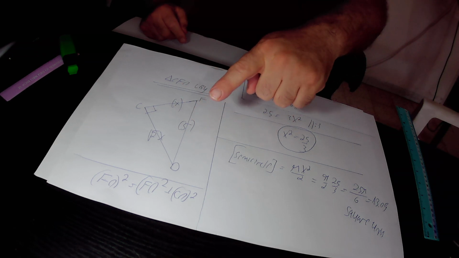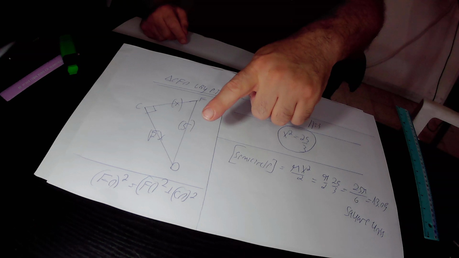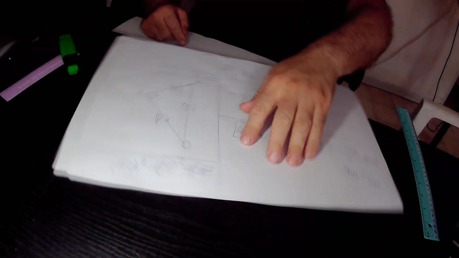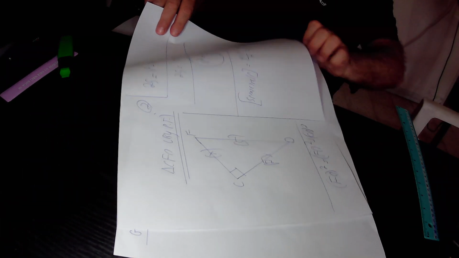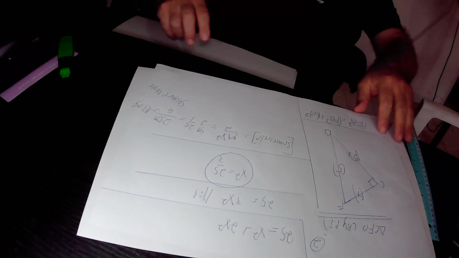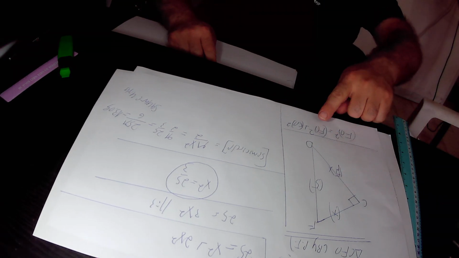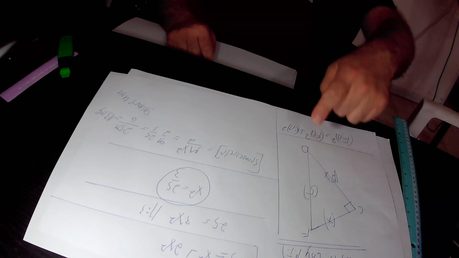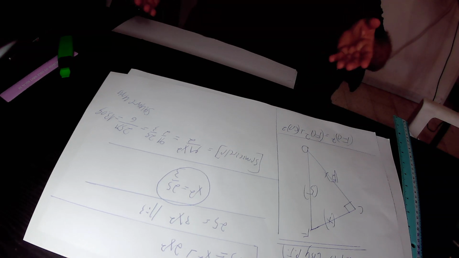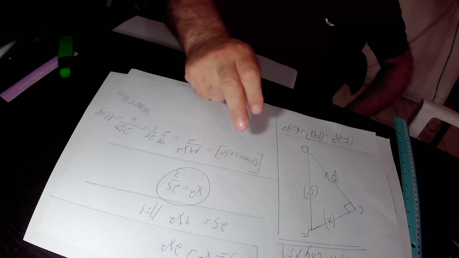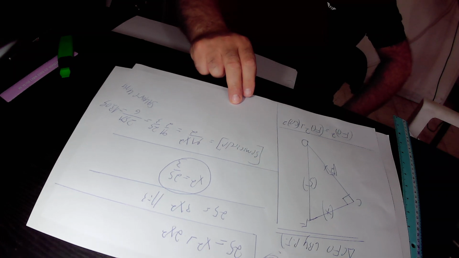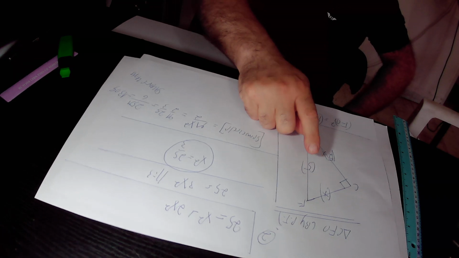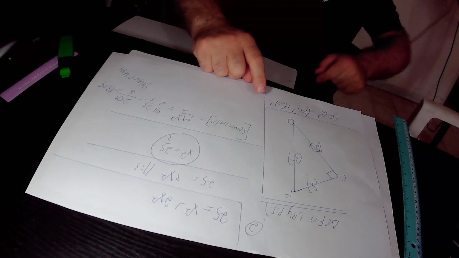Again, FO squared equals CF squared plus CO squared. The hypotenuse FO is 5, therefore FO squared is 5 squared, that is 25. And it equals CF squared. CF is x, therefore CF squared is x squared, plus CO squared.